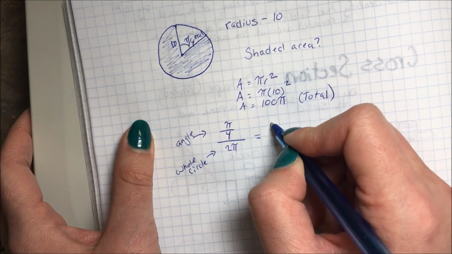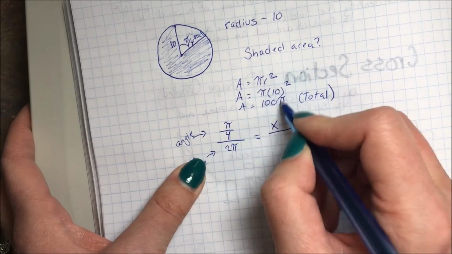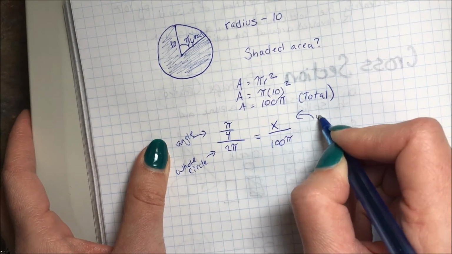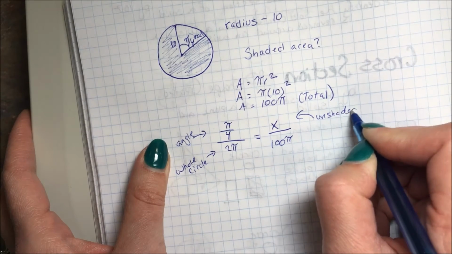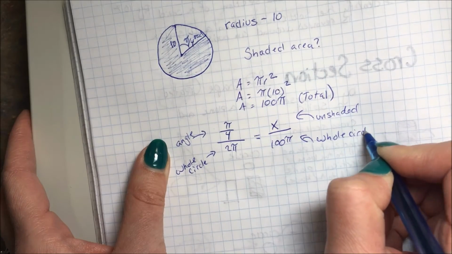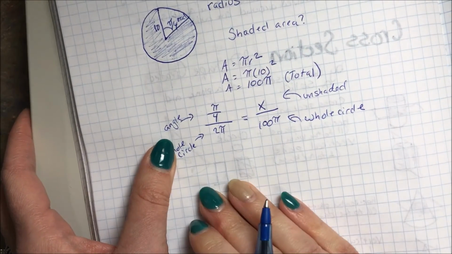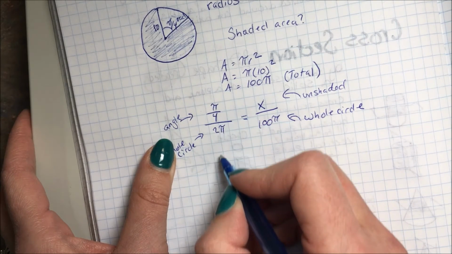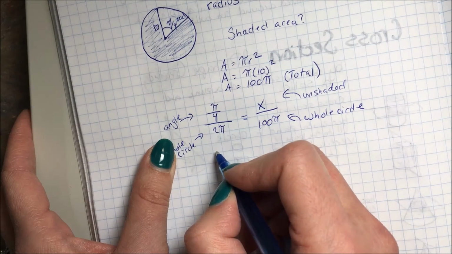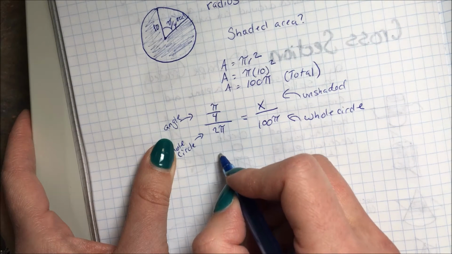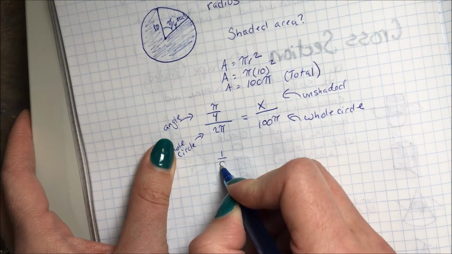It's equal to x, what I'm trying to find, over the whole area of the whole circle, 100 pi. So 1/4 pi over 2 pi is really 1/8.